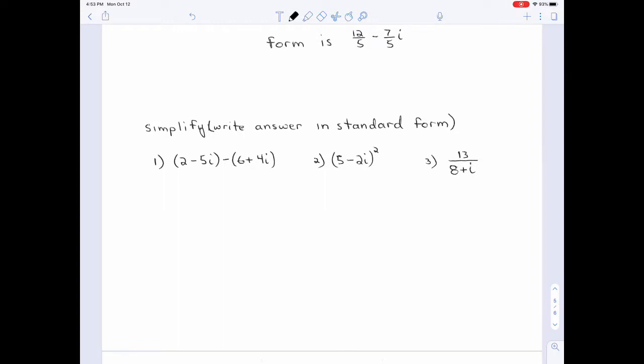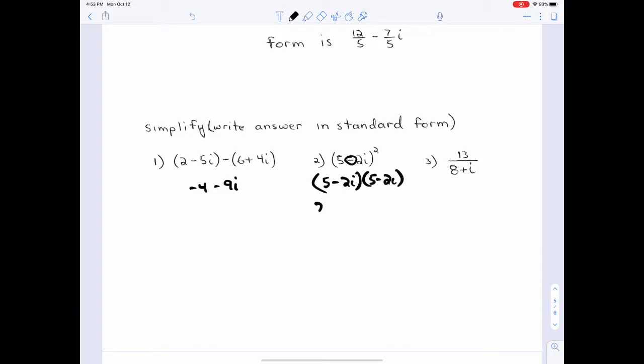Okay, so this is just simple subtraction. 2 minus 6 is -4. -5i minus 4i is -9i. That's in standard form, no problem. Remember, you can't distribute a square, because of the minus sign. So we have to take 5 minus 2i times 5 minus 2i.